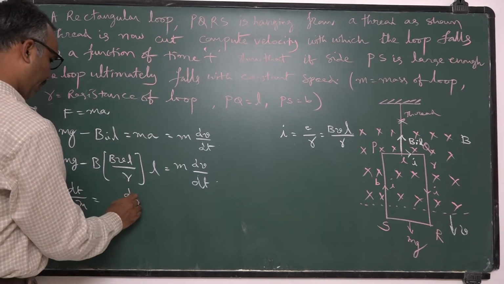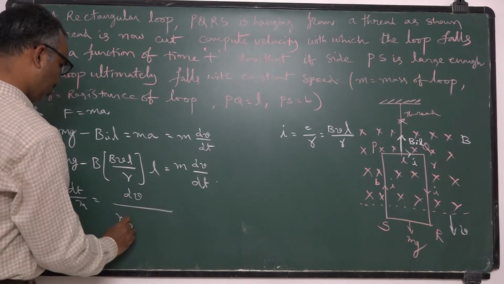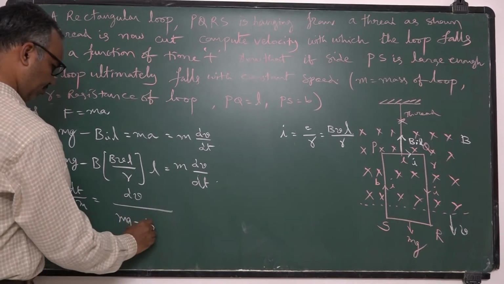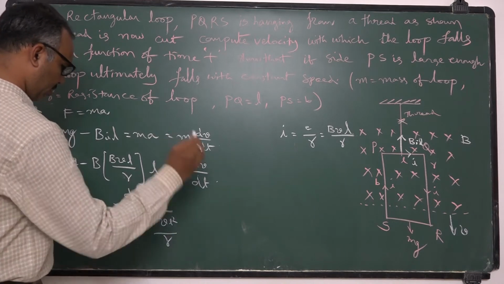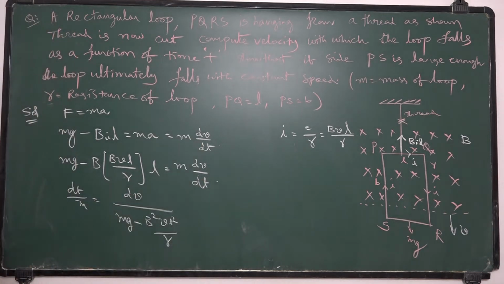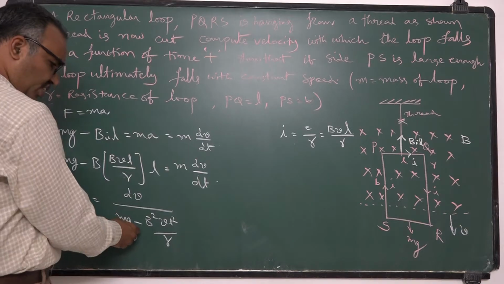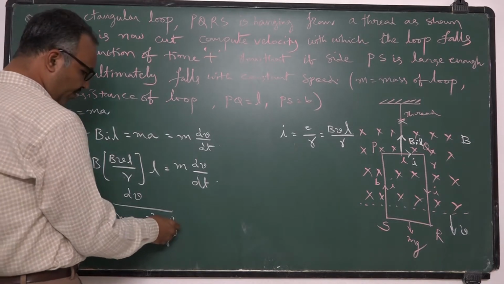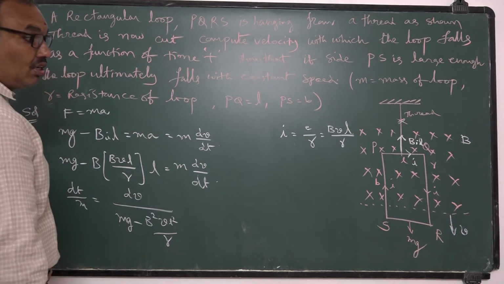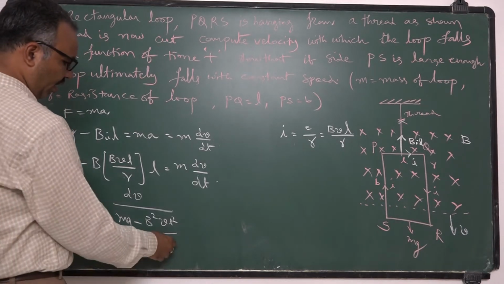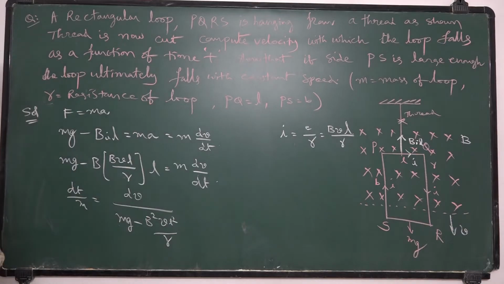Let me bring dt by m to this side. Then dv by mg minus B square v L square by R. Here m is the mass of the loop, constant; g constant; B, strength of the magnetic field, constant; L, length of the side, is constant; R, resistance of the loop, also constant.